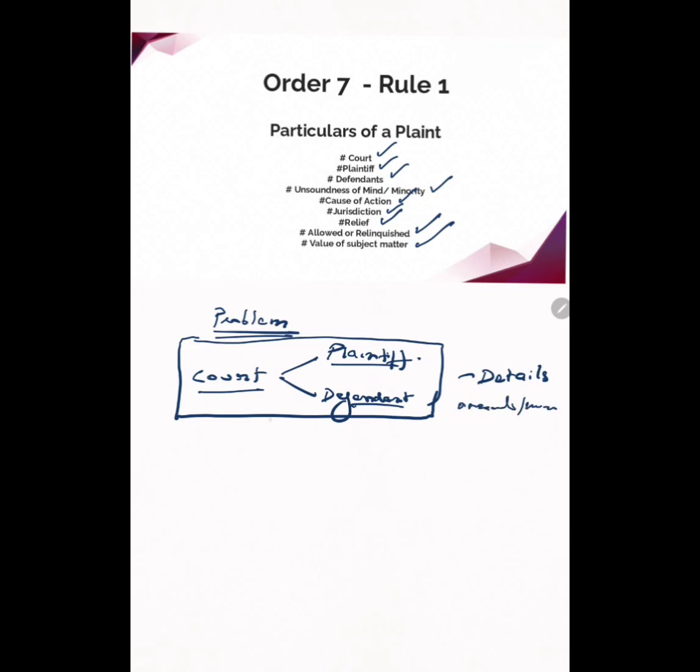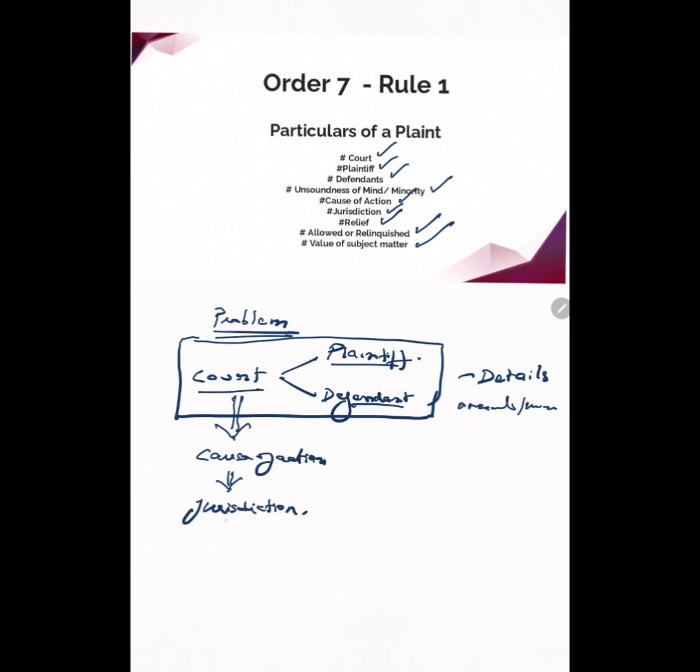Next is, why have you gone to court? Because there has been a cause of action. So there is a cause of action, which is why you have gone to court, because it is the court which has jurisdiction.